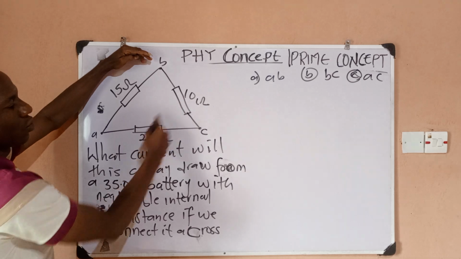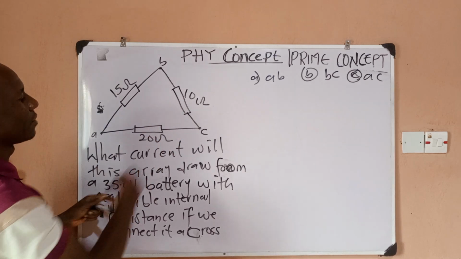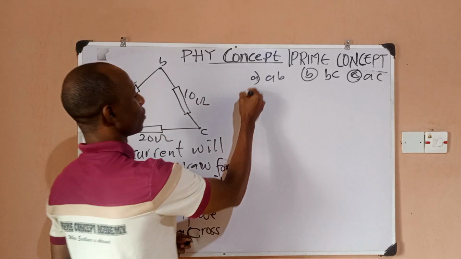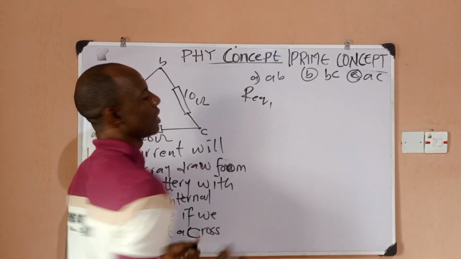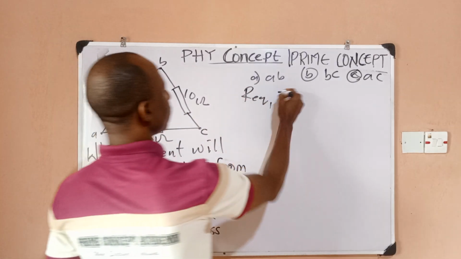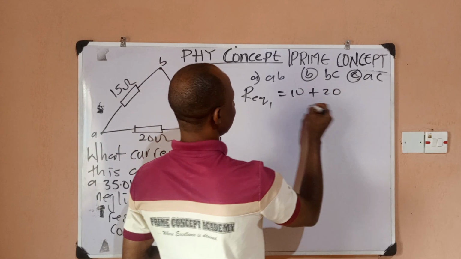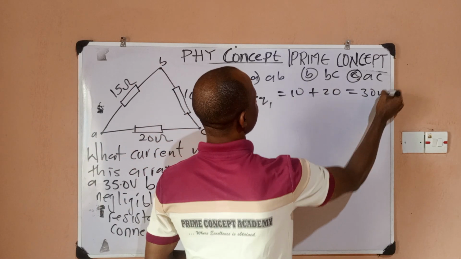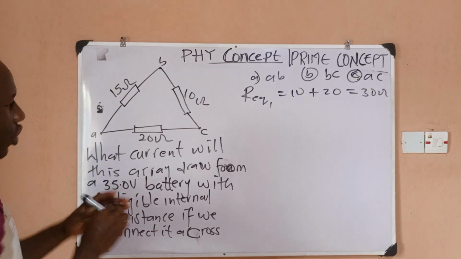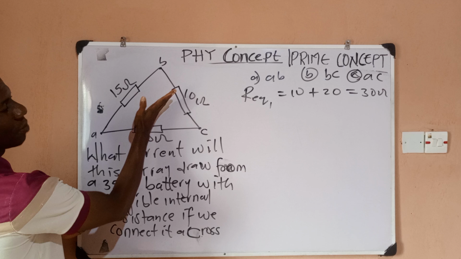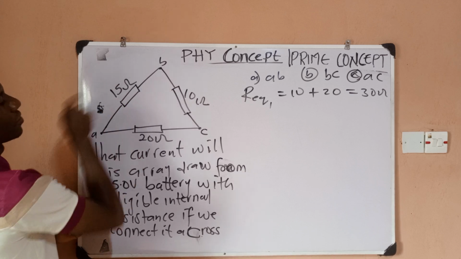If they are in series, we're going to find their equivalent, which I'll call R equivalent 1. It's going to be 10 plus 20, giving 30 ohms. By the time you resolve these two into one, automatically it's going to be in parallel with 15 ohms.